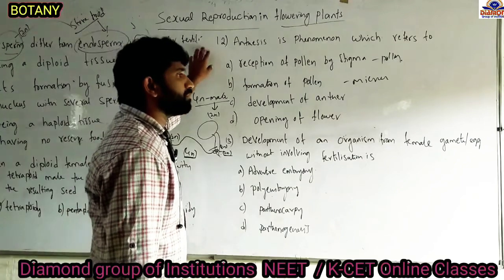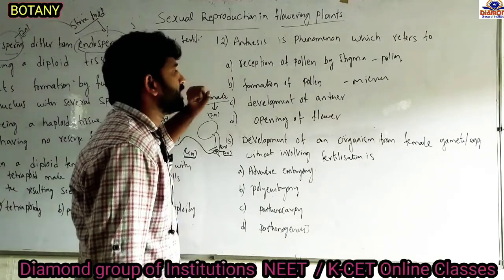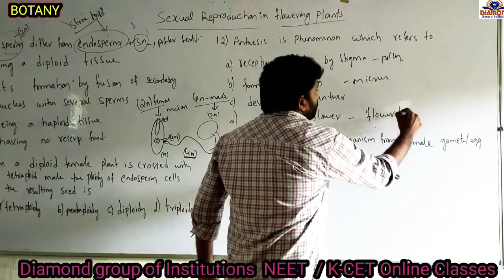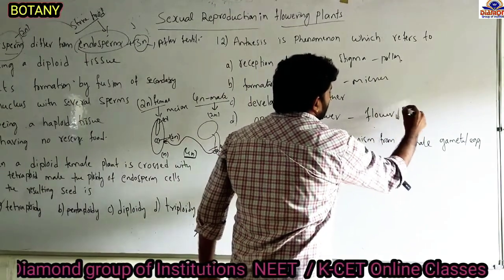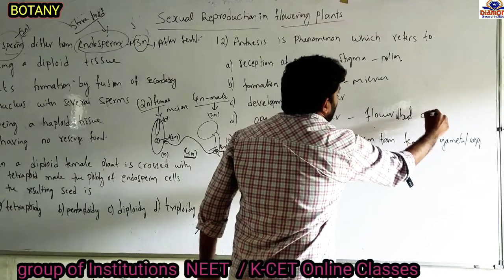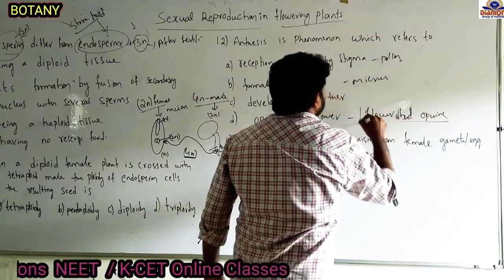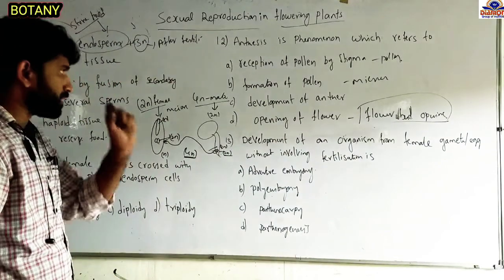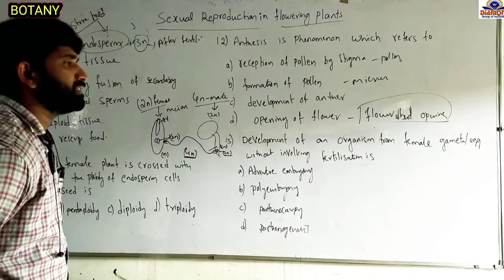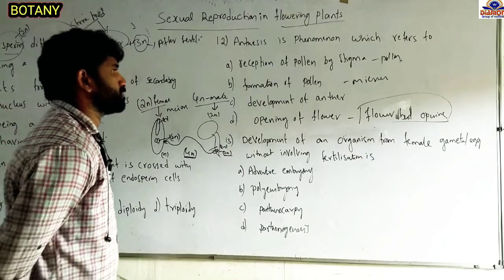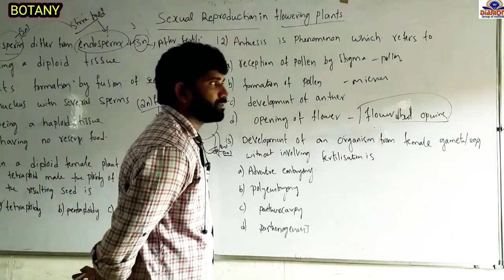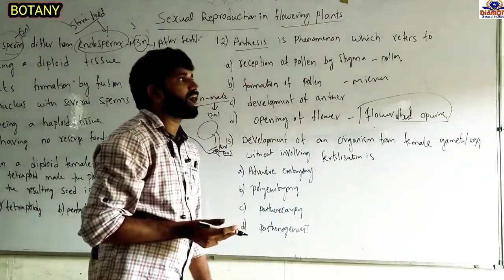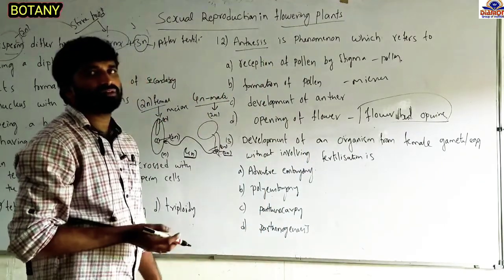Anthesis of the flower is represented as the opening of the floral bud. Opening of the flower bud is called anthesis, and development of the anther is development of the microsporangium. So anthesis is a phenomenon referred to as opening of the flower from the bud condition.